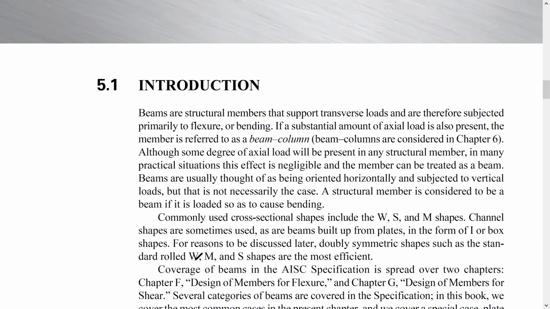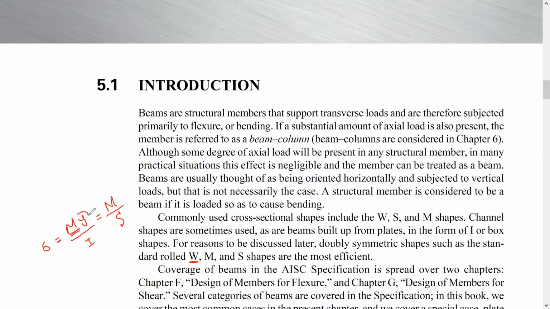So let's talk about the wide flange. Because the moment of inertia is going to be large for such shapes, and from the basic flexure equation, the bending stress is equal to M times y divided by I, or M divided by the elastic section modulus. M here is the moment, or let's say the maximum moment.